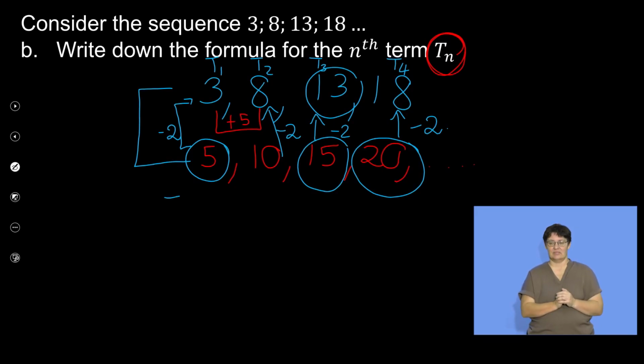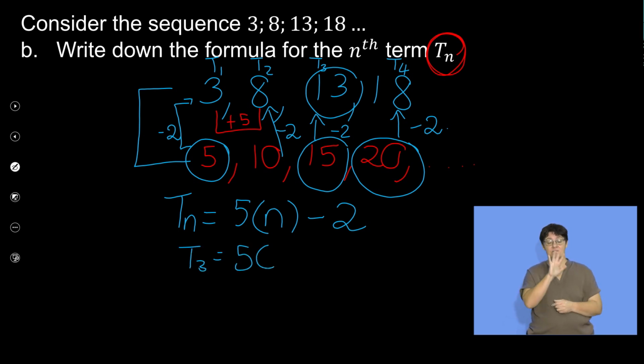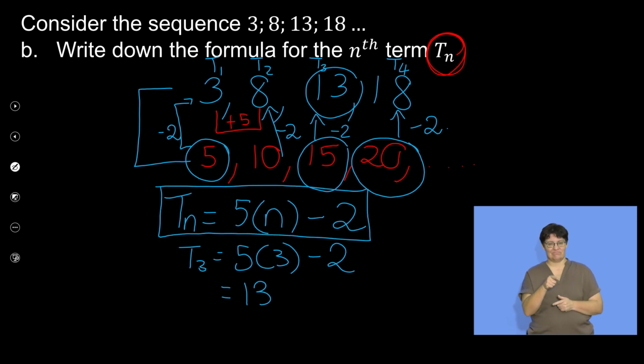So we can say that the general term for the pattern is equal to 5 multiplied by n, which is the term number, minus 2. So we can just check it. Over here with term 3, we had 5 times 3 minus 2, which gives me 13. So this is my nth term.